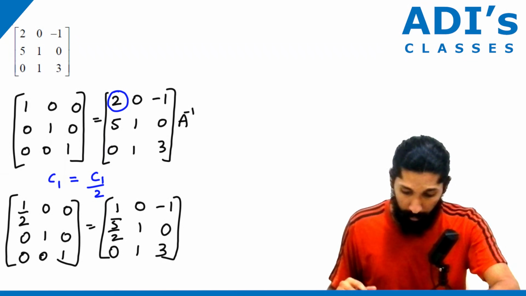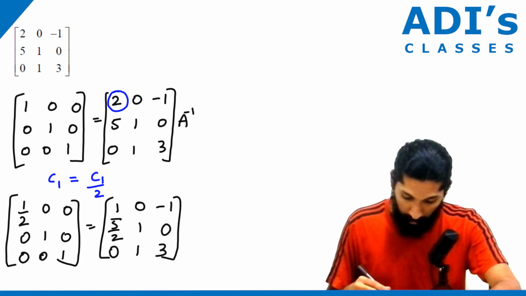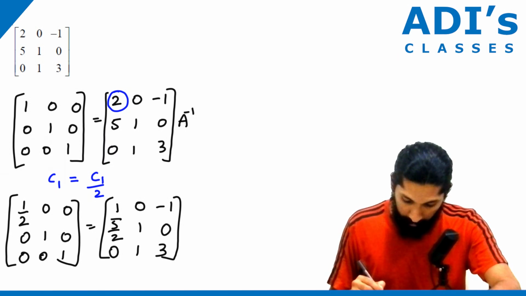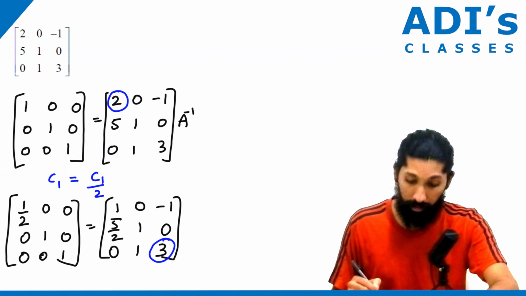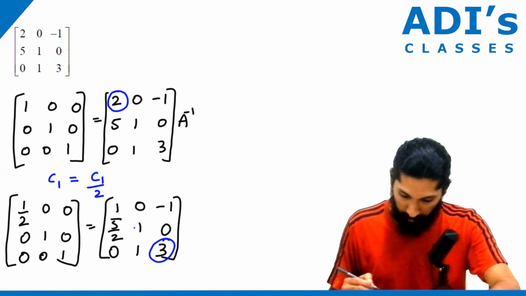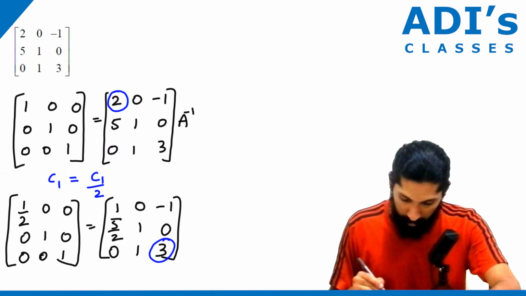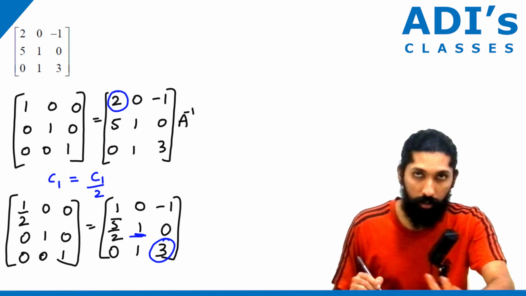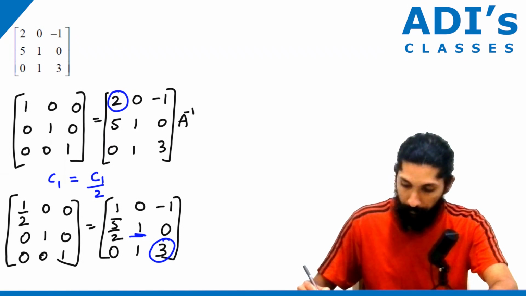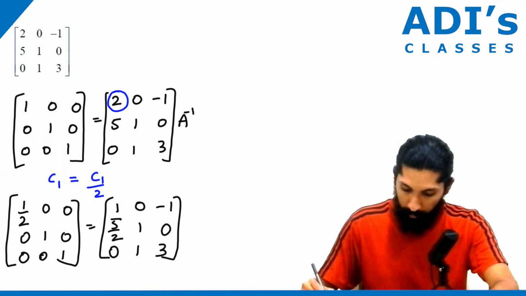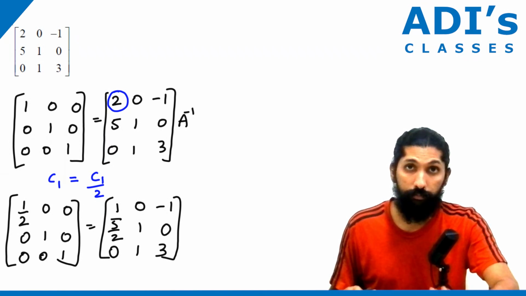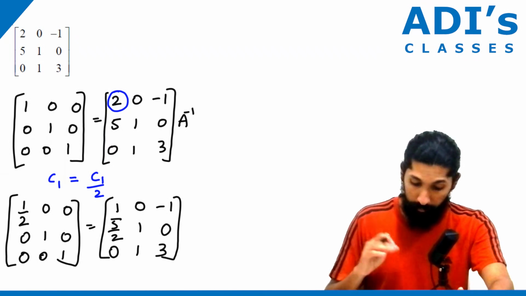So for the next one, we have to take it in such a way that this should become 1. Since this is already 1, I'm not going to touch that right now. This is one case, so column 1 will be done.